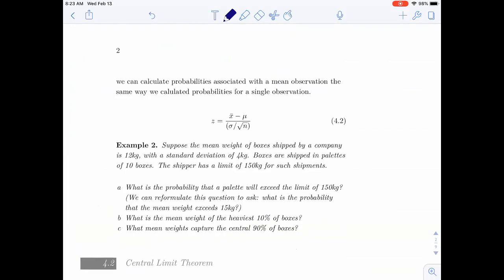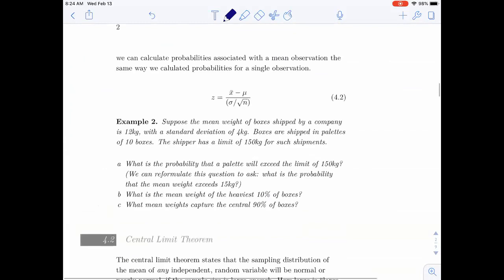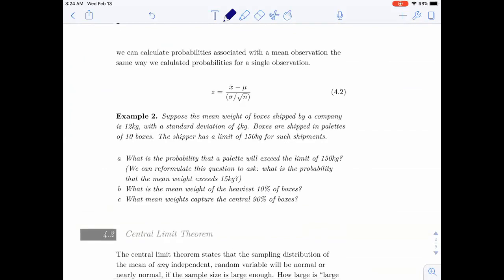Just like I said, we can calculate probabilities associated with this mean observation instead of just a single observation. Let's do an example where we're using the z-score to find probabilities associated with a mean observation.